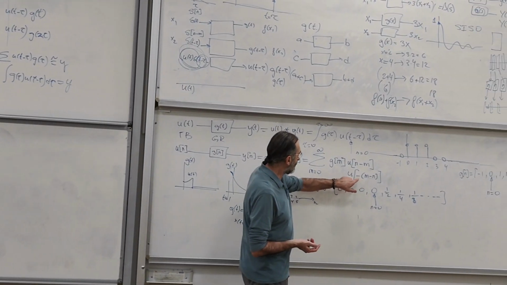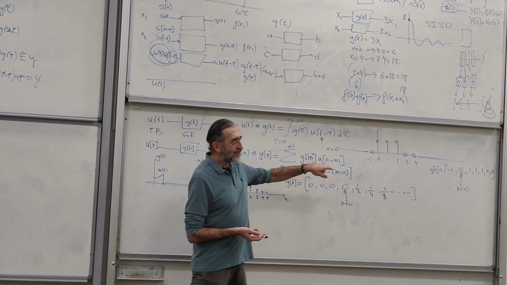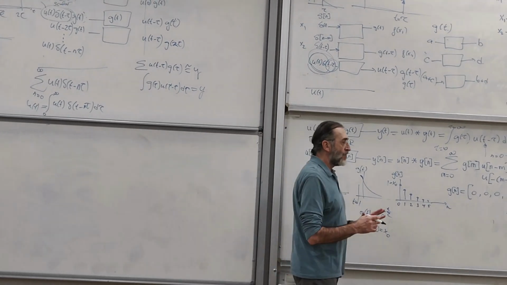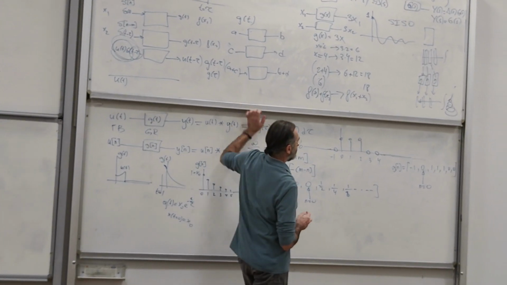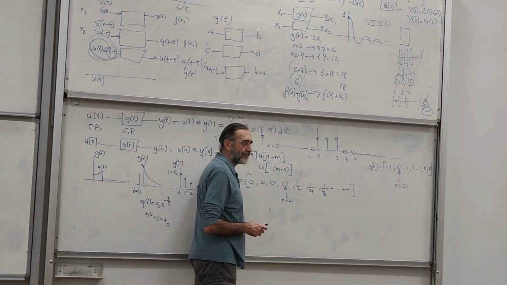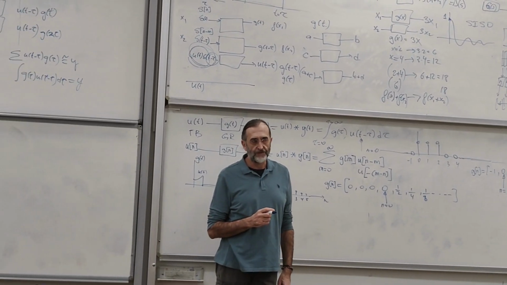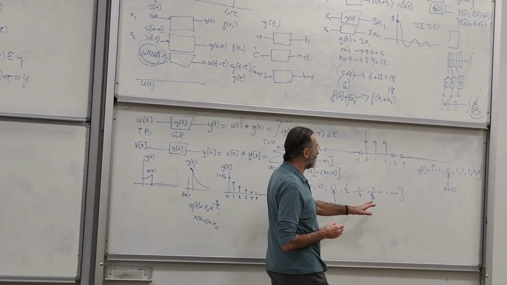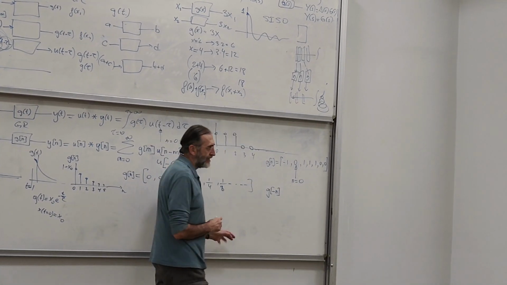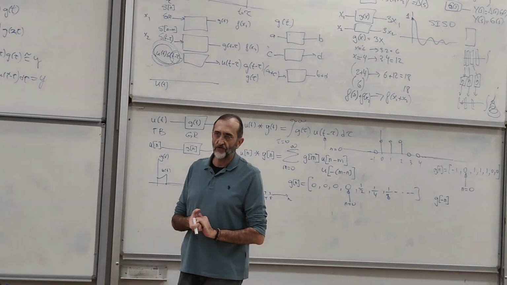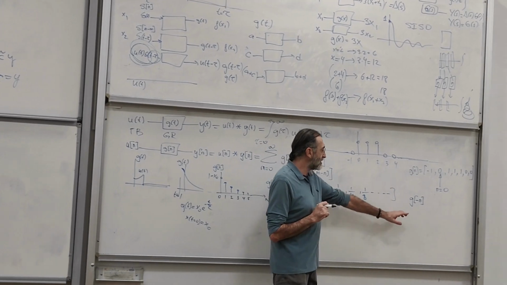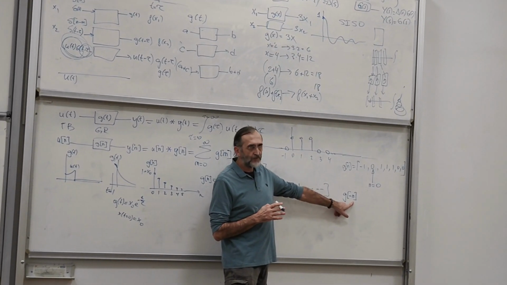But that minus sign here has a very deep significance in how the system or the signal looks. For example, let's say my system is this. I have that configuration of the system. What would be the representation of g of minus n? That would be a question that I would ask you in the exam, for example. If you change the sign of this index, what would it be?